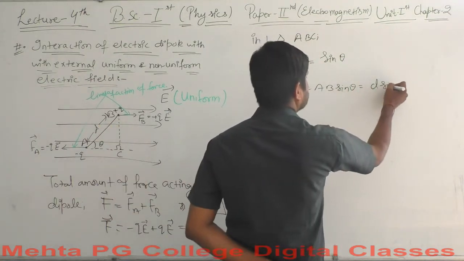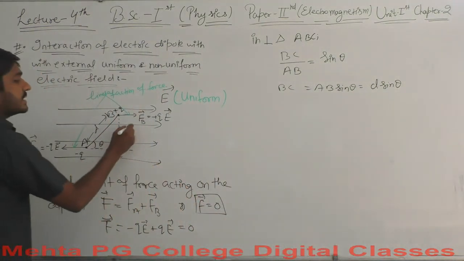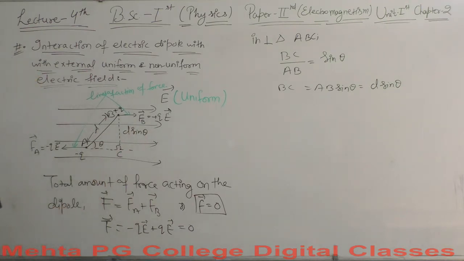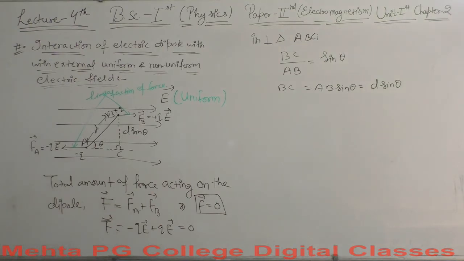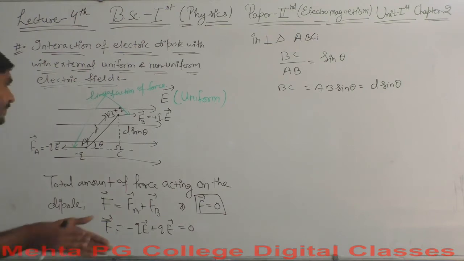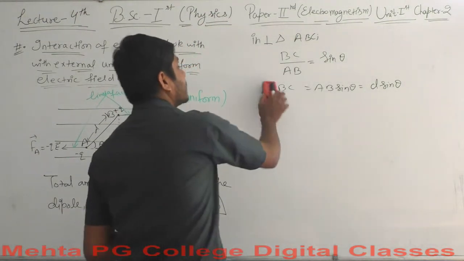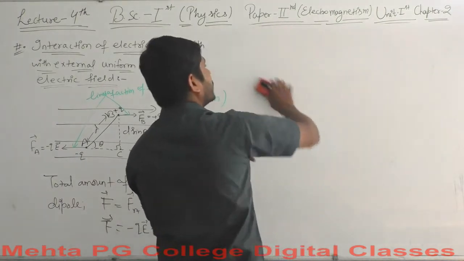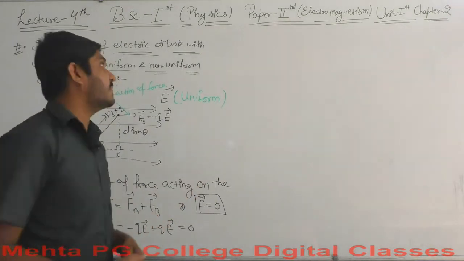So the perpendicular distance is d sine theta. So we got the perpendicular distance between the lines of action of the force. We have no need to derive this in detail because you are supposed to know these calculations as a BSc first year mathematics student.